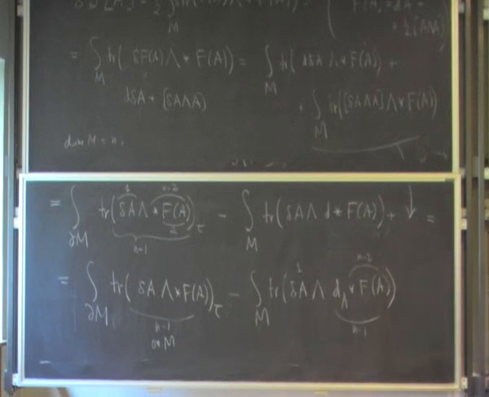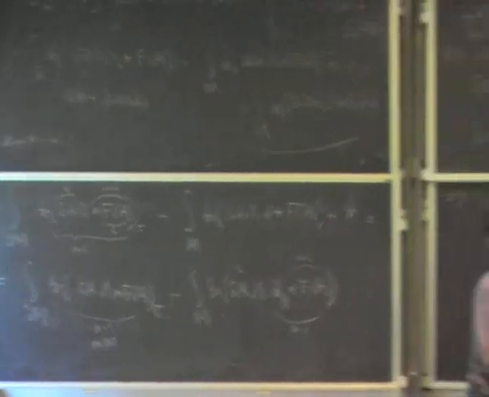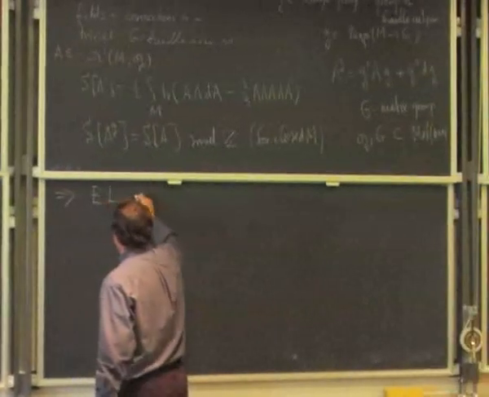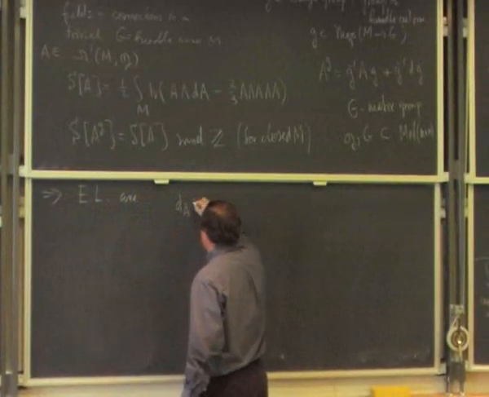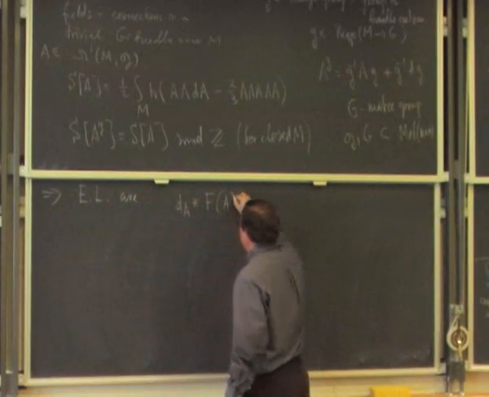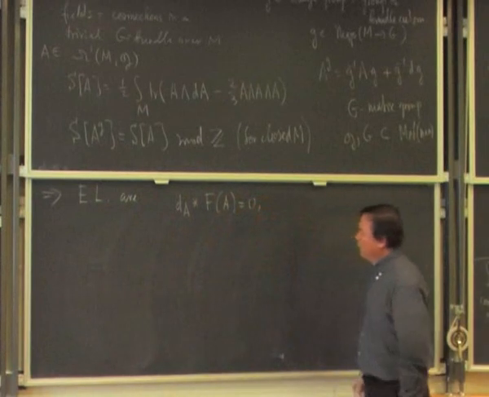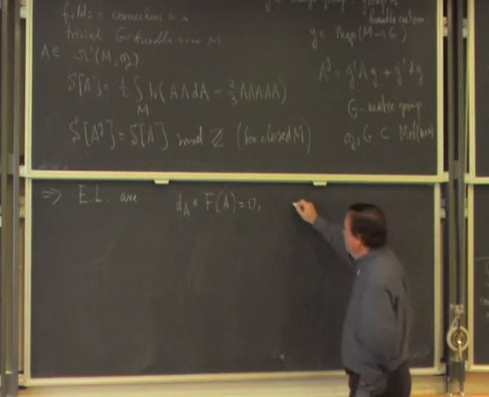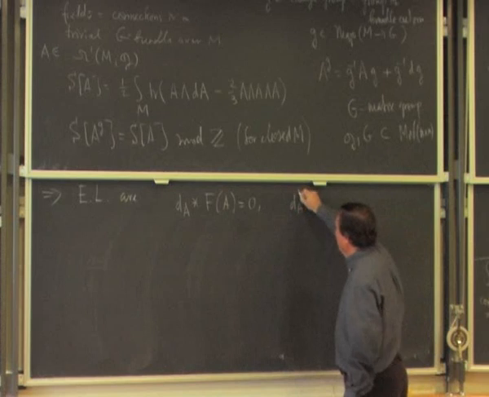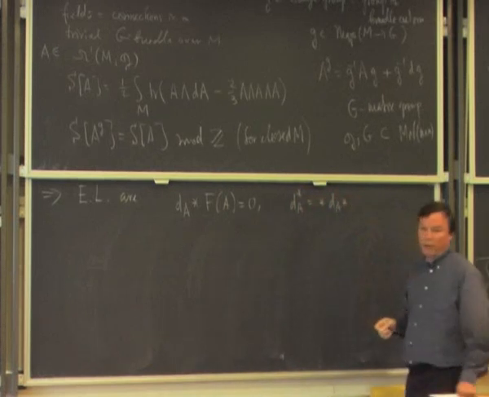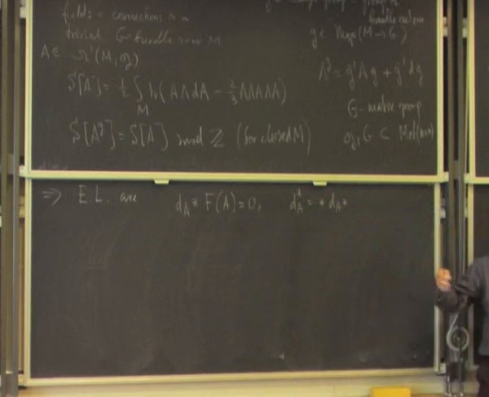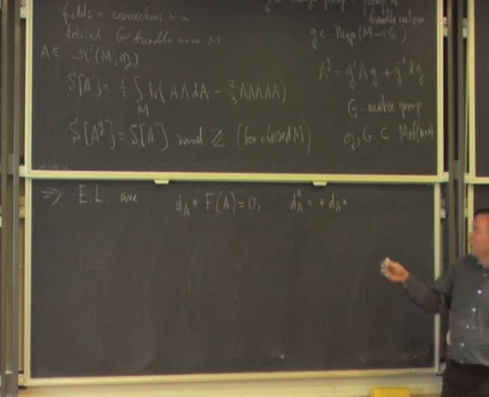Okay, so then from here we conclude that the Euler-Lagrange equations are d_A star F_A is 0. Or sometimes it's convenient to introduce the Hodge-dual differential, the one that's responsible for example for the divergence of a vector field.